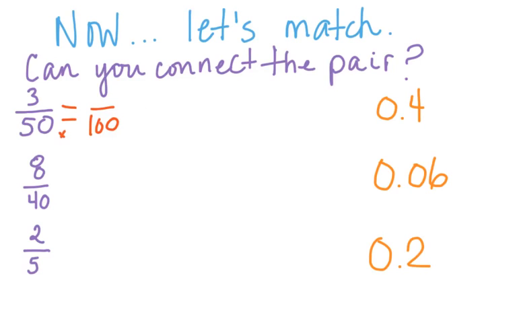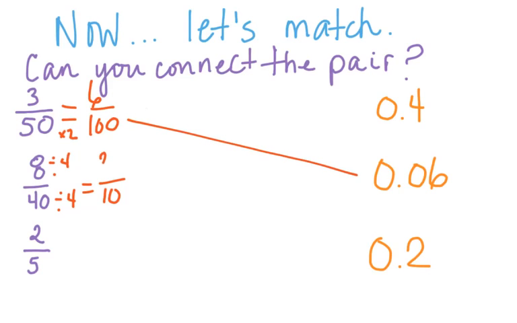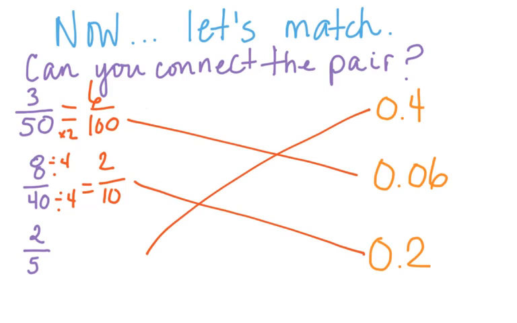So 50 times 2, so that means 6 hundredths. That would be that one. And then here, I'm going to divide by 4 to get to 10. So 8 divided by 4 is 2. That's 2/10. That's that one. Now, process of elimination. Obviously, that one must go there, but let's just double check it. So we want to get to tenths. So times 2. 2 times 2 is 4, and that definitely says 4/10. So there are your very quick answers, matching those correctly.